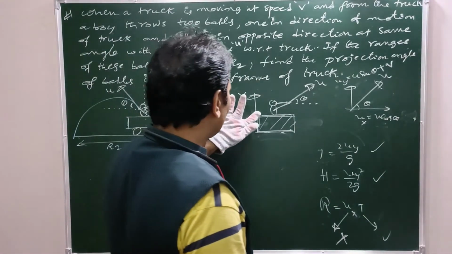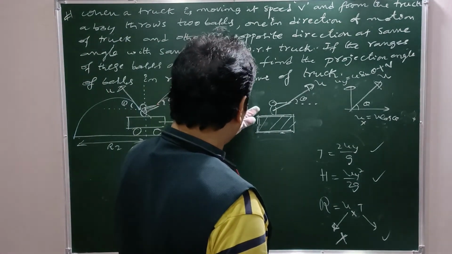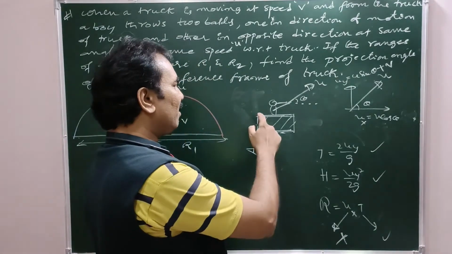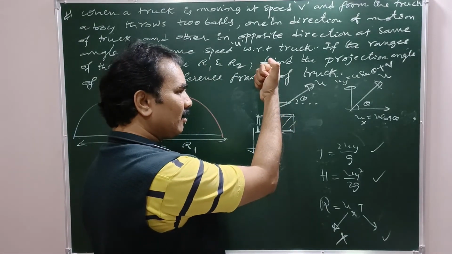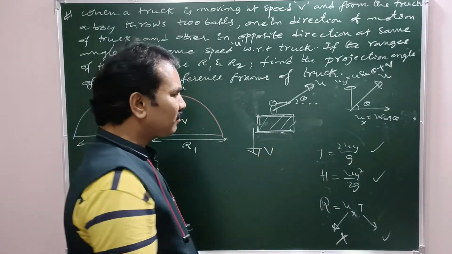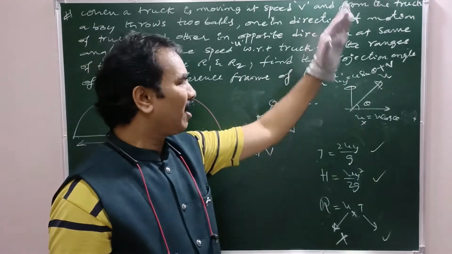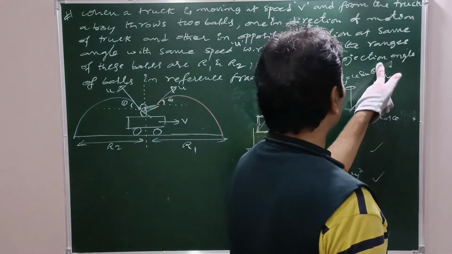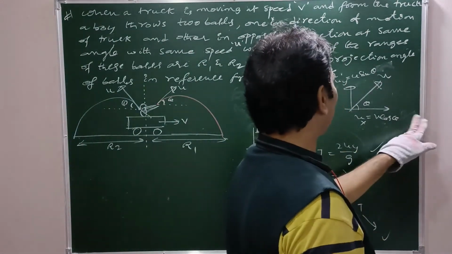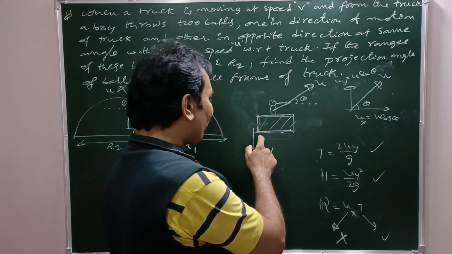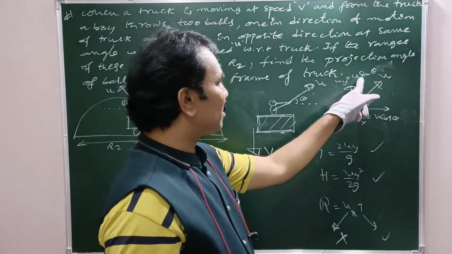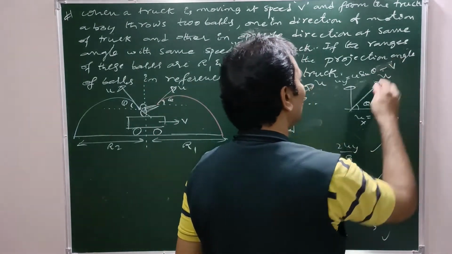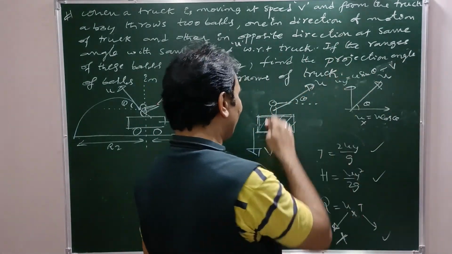If this frame is moving downwards with a constant velocity, and from this vertically moving frame this boy throws a ball like that, this time u sin theta is upwards, u cos theta is rightwards, but v is downwards, so we have to subtract v from u sin theta, that is u sin theta minus v. u sin theta upwards but v downwards.